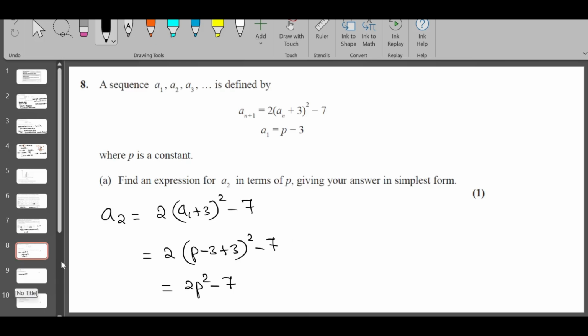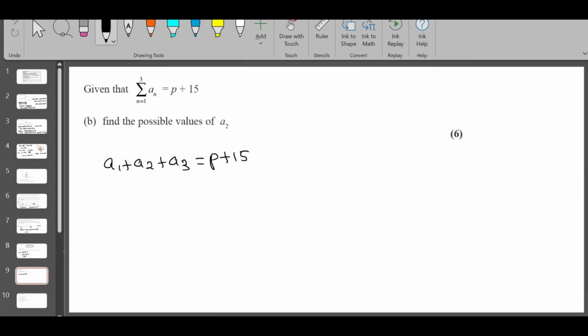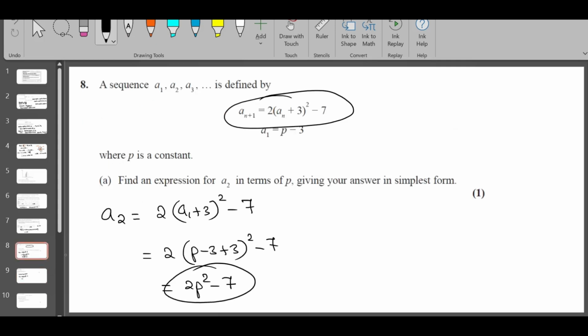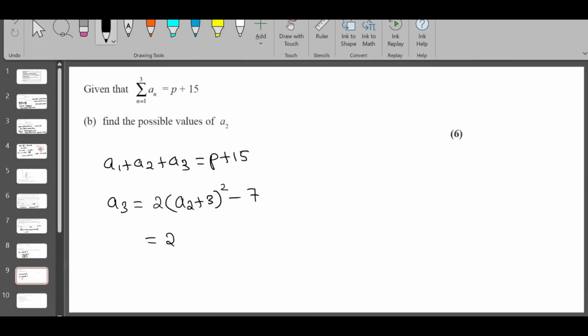So what we are going to do, using this, we are going to find a3 now. So right here, a3 is 2 times a2 plus 3 whole square minus 7. Use a2 in there. 2p square minus 7 plus 3 whole square minus 7.